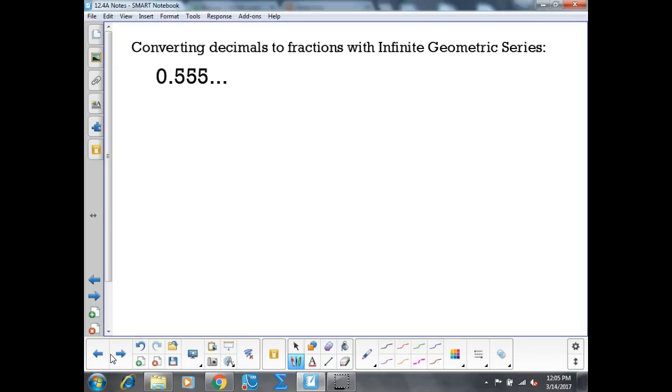And the repeated value is 5. So the first thing that you're going to do is set up an infinite geometric series. Okay?